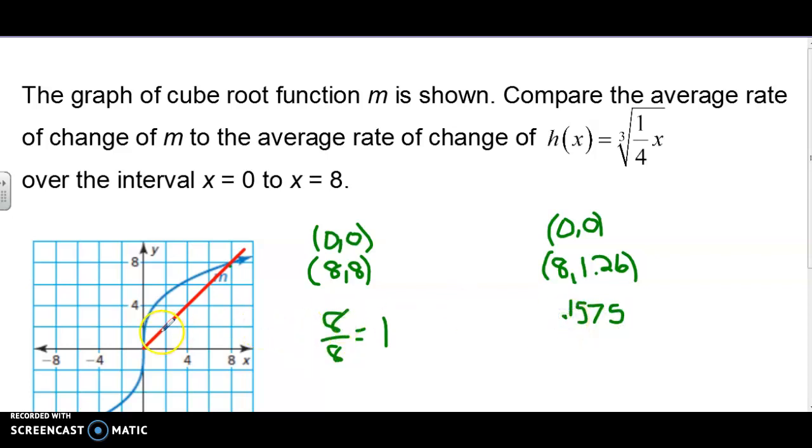So the average rate of change is much bigger for function m. If they wanted to know how many times bigger it was, you do 1 divided by this to find out how many times bigger, which would probably be around 6 or so. So yeah, that would be how you answer these questions.